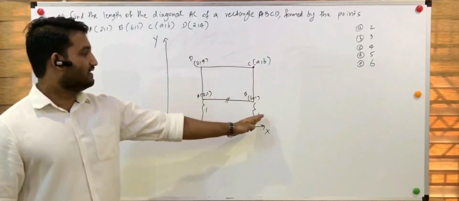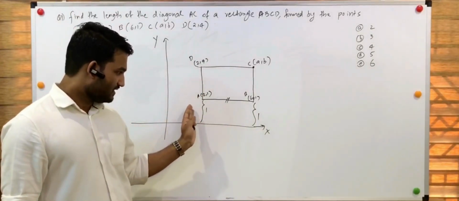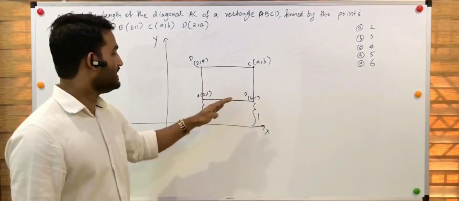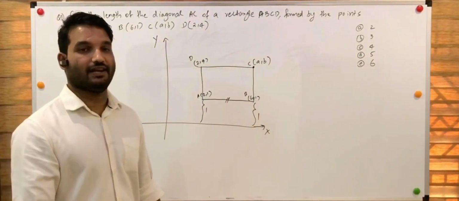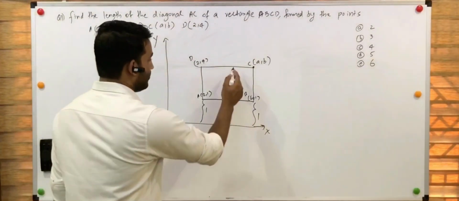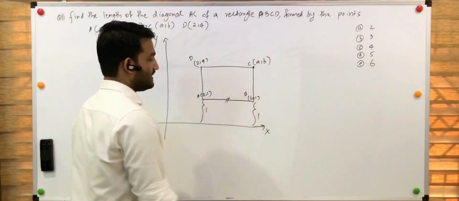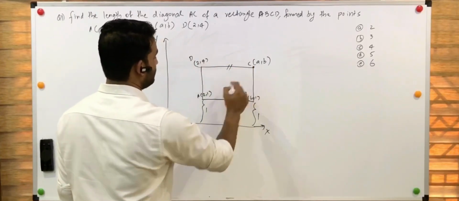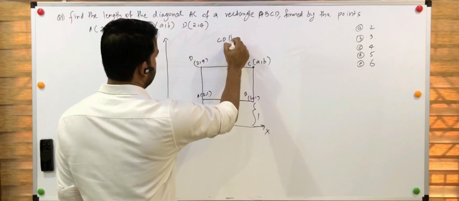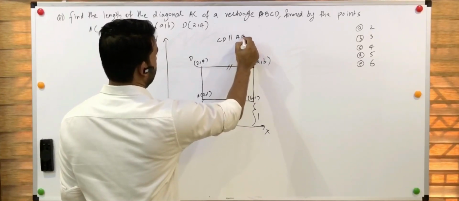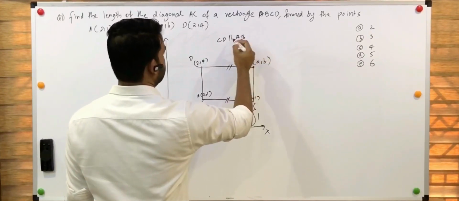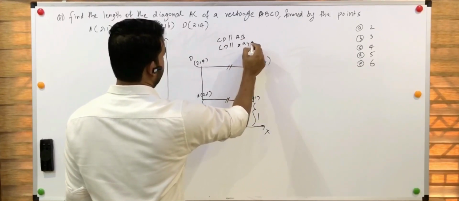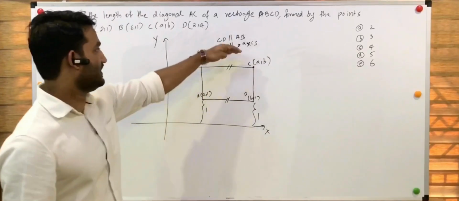So when the distance from the x-axis to a line segment remains the same, the line segment is parallel. Similarly, the opposite sides are parallel for a rectangle. Then we can say CD is also parallel to AB, and that means CD is also parallel to the x-axis.